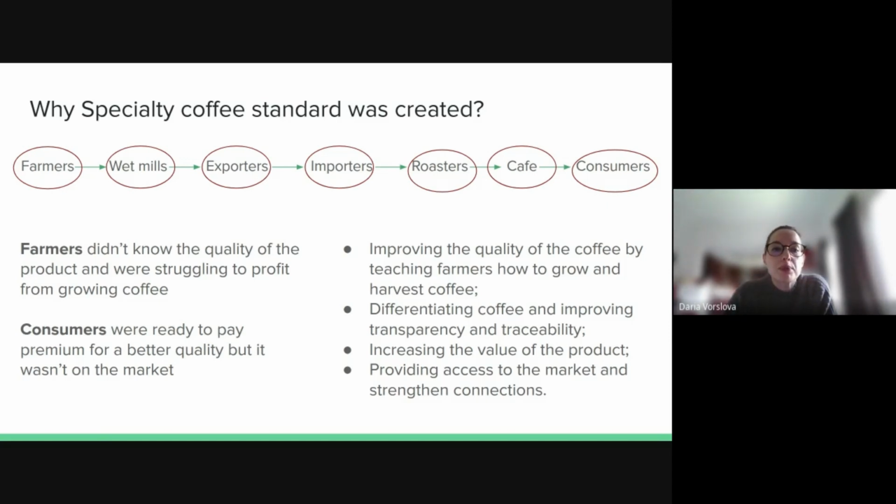They teach people and certify them as Q Arabica and Robusta graders.